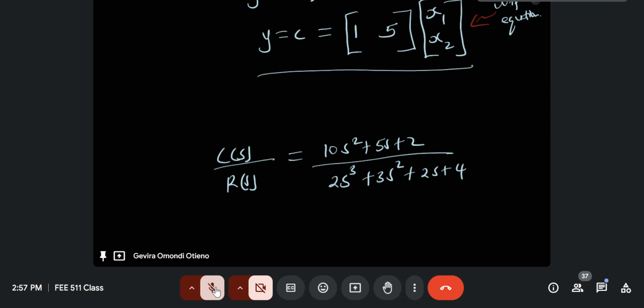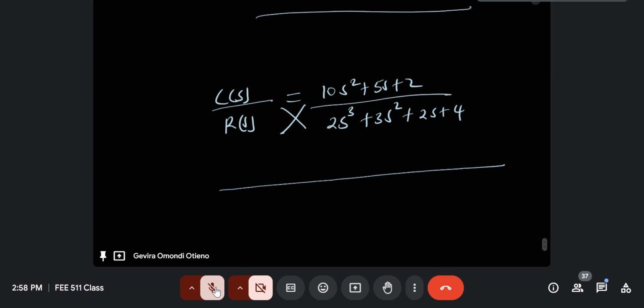This system is a transfer function that is a fraction. Linearizing, when I talk about linearization, I simply mean you cross multiply so that you have a system that is only represented in one line, not in terms of fractions.